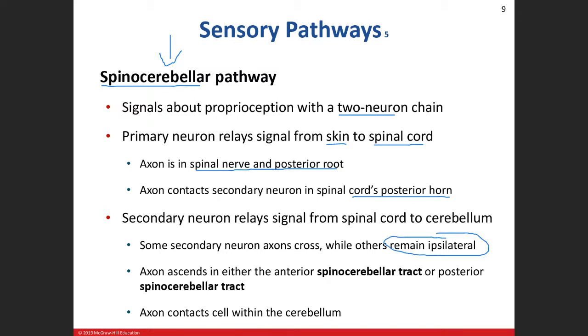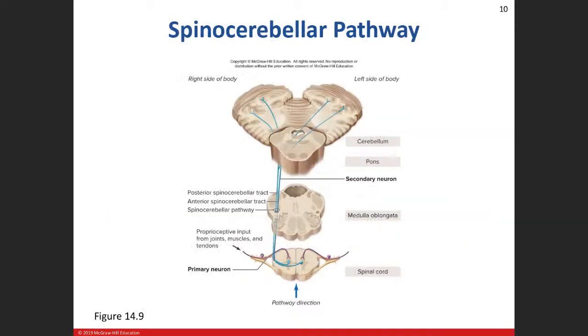They don't cross. So this secondary neuron, let me show you. Here you can see that the primary neuron comes into the gray horn, synapses onto the secondary neuron, and that secondary neuron stays ipsilateral.